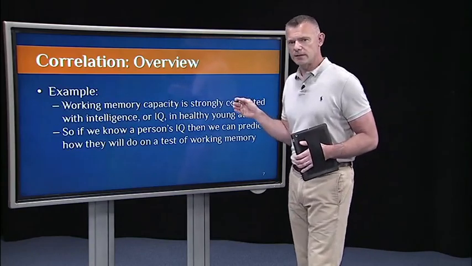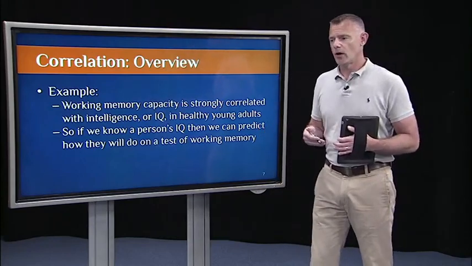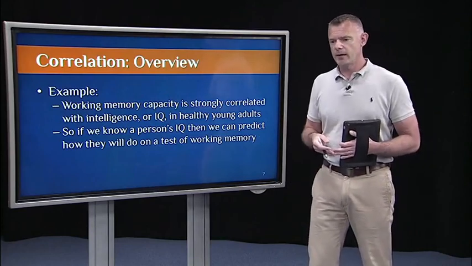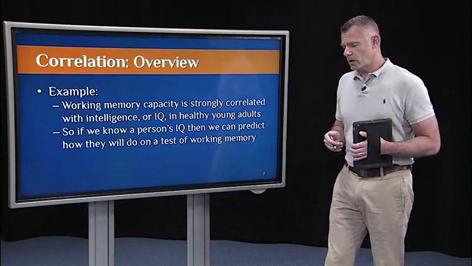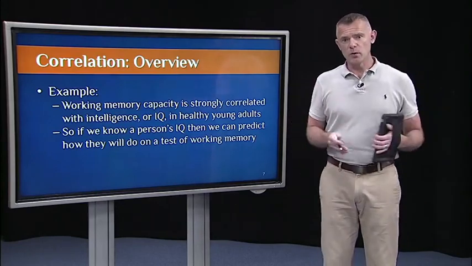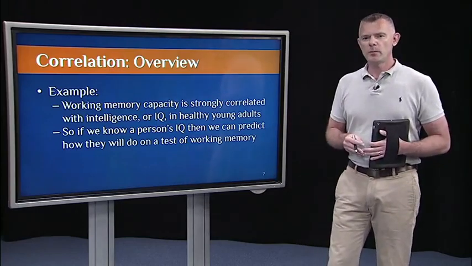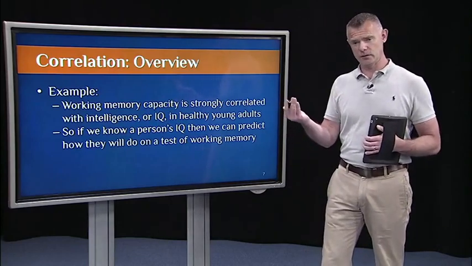So let's go back to this example of working memory capacity and intelligence. I've mentioned that this is my area of expertise in my own research, and in the first lecture on experimental designs, we talked about this study and this whole literature that's booming right now. It's actually an industry that's booming online, where people are trying to train their working memory to enhance their intelligence.